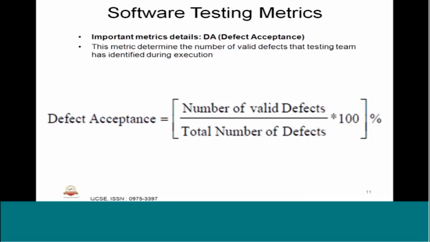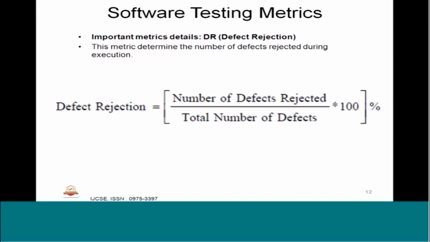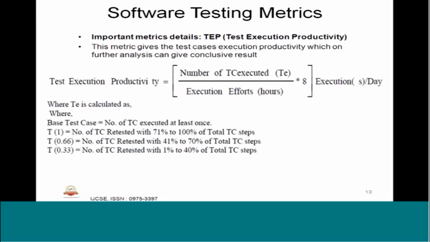Similarly, we have defect acceptance: how many defects are valid out of the total number of defects gives a percentage of defect acceptance. Similarly, defect rejection: the total number of defects rejected divided by the total number of defects gives the rejection ratio percentage.